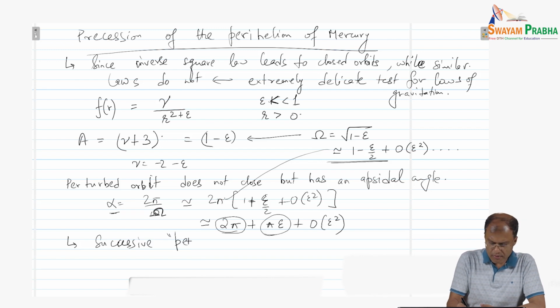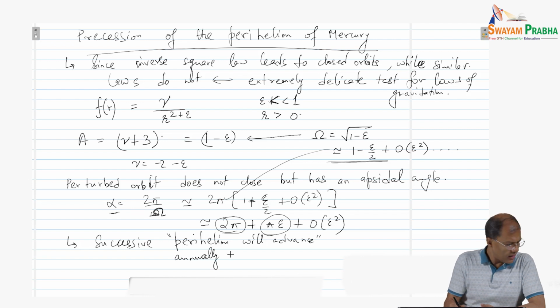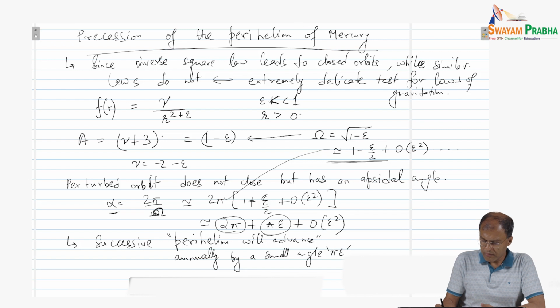So what I have just said is that the successive perihelion will advance annually by a small angle pi epsilon.